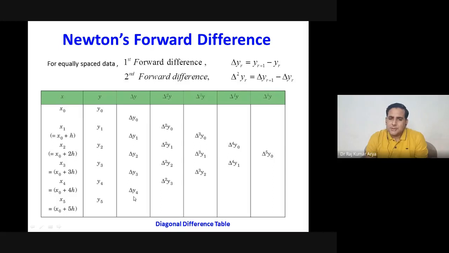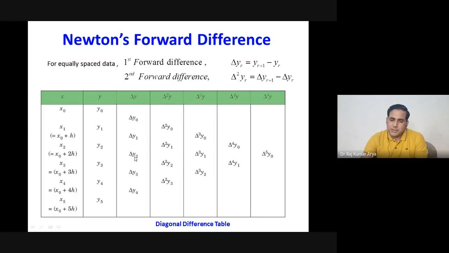So this column is known as the first forward difference. Now you are calculating further forward differences based on the first forward differences, and those are known as the second forward differences. Practically you are calculating delta y1 minus delta y0, which becomes del square y0.